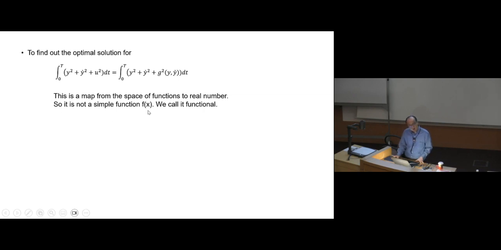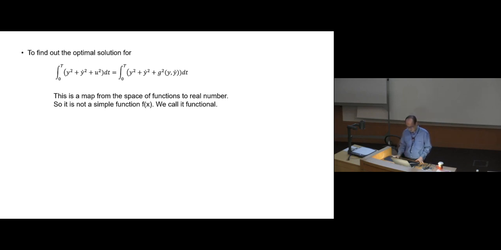So this is not a simple function. We call it a functional, in English. In Chinese we call it 泛函. But don't worry if you have not learned functionals in the past. You have to know there is a difference.